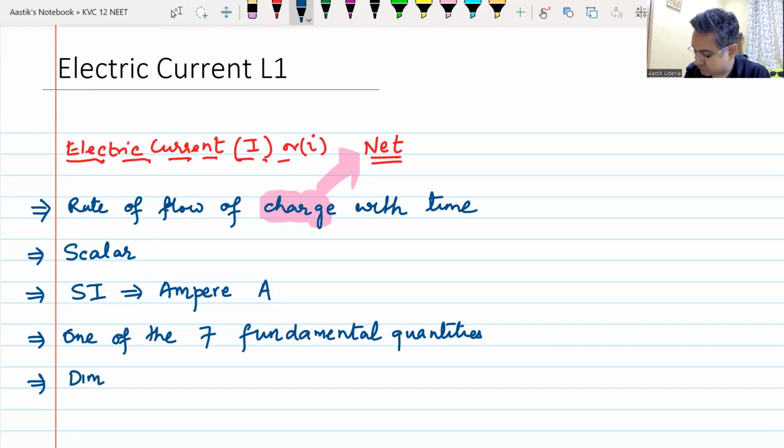Dimensions is A raised to the power 1, or M is 0, L is 0, T is 0. It's a fundamental quantity. It has its own dimension, and the dimension is A. Do we understand this? I'm not able to hear any one of you.